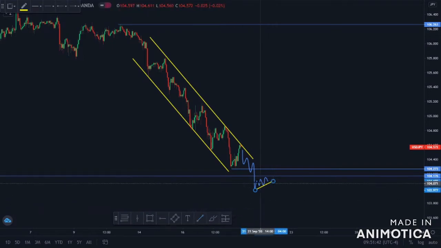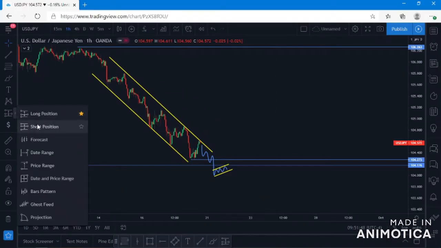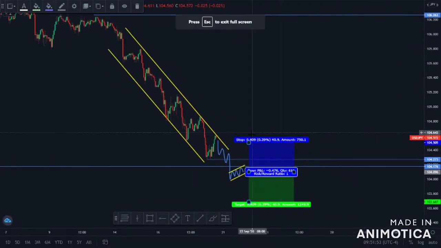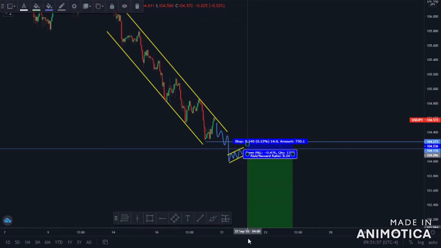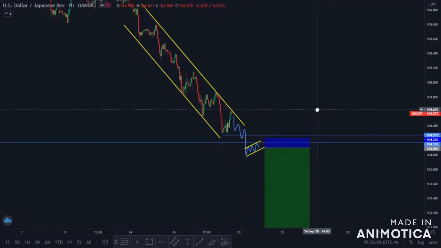Okay, we're looking for something like that, and then we would have a sell position, okay, right above there, and then obviously your target right below. Okay, so that's my view for USDJPY for the week.